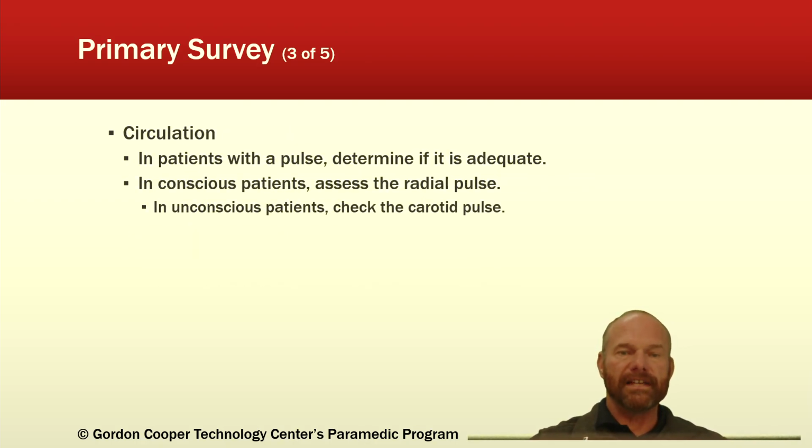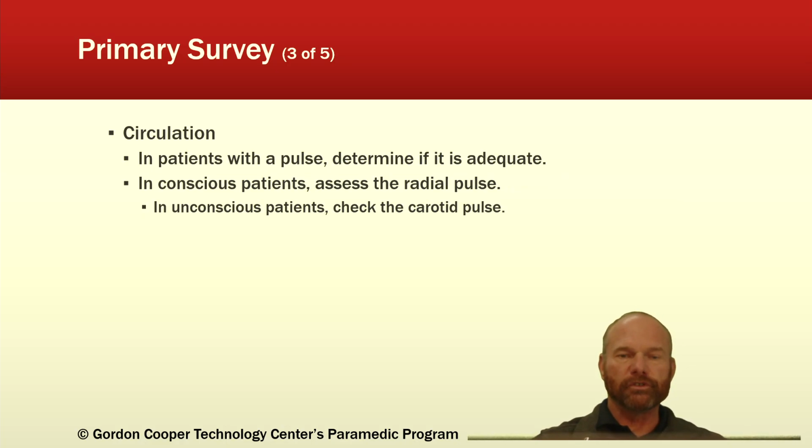Then circulation assessment. So patients with a pulse, determine if it's adequate to sustain life, and then perform a rapid exam to check for any external blood loss that can be controlled. With conscious patients, we'll assess the pulse at the radius, at the wrist. Unconscious patients, we'll check the carotid pulse in the neck for circulation status.